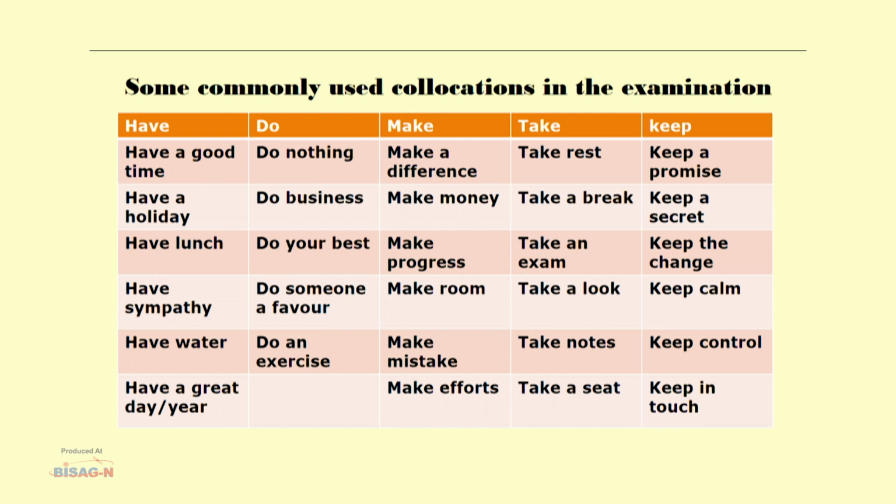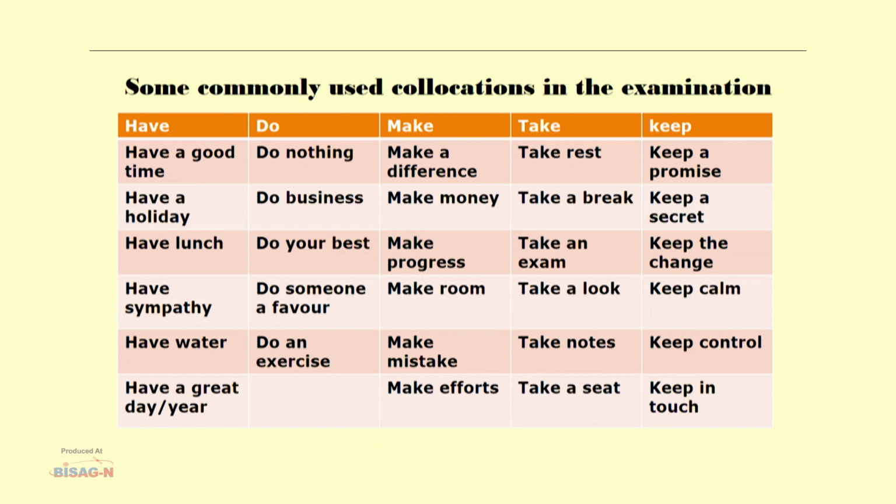So similarly, we have a lot of collocations starting with or beginning with have. Like have a holiday, have lunch, have sympathy, have water, have a great day or a year. We have more collocations related to do, make, take and keep.